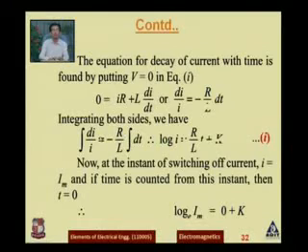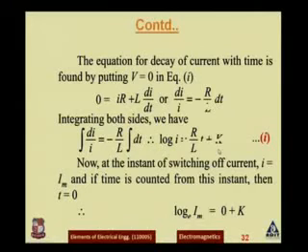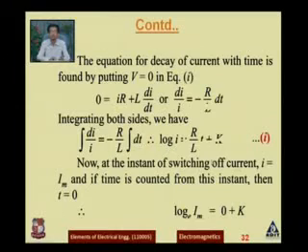What is the integration of di by I? It is log I. On the right hand side it will be minus R by L into t plus K. So what is K? K is the constant of integration. We will call this the first equation.